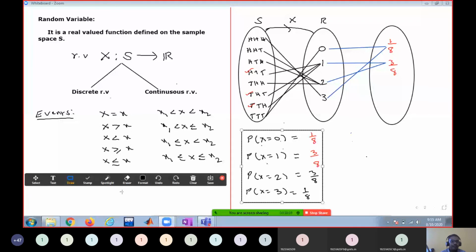How? Like this. So what is this value? These are the X values. What are the possible values? 0, 1. I think I should draw one more.